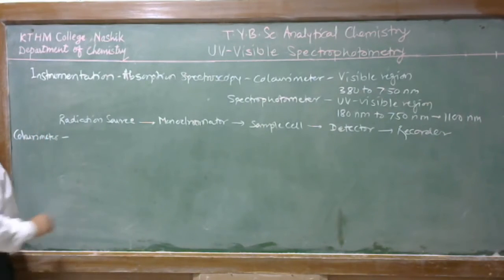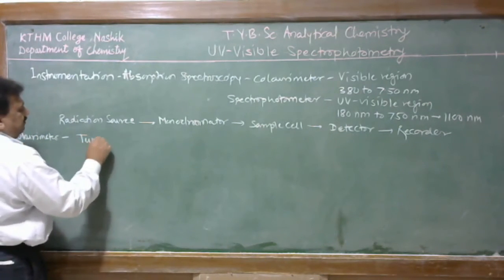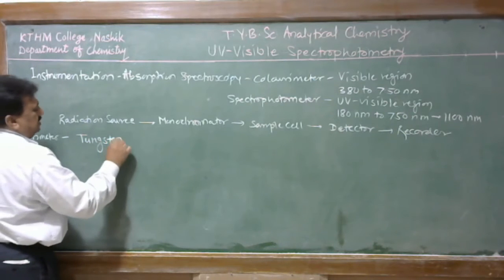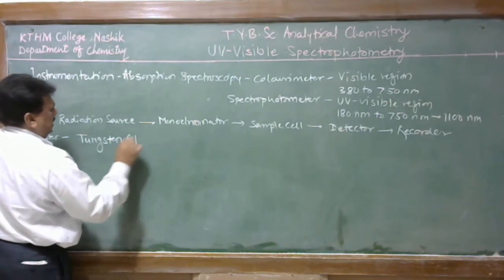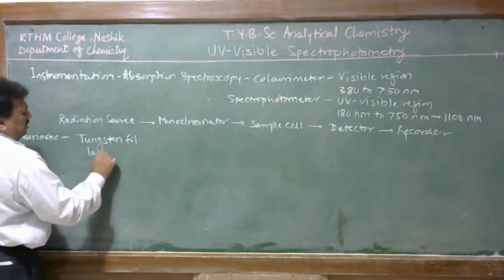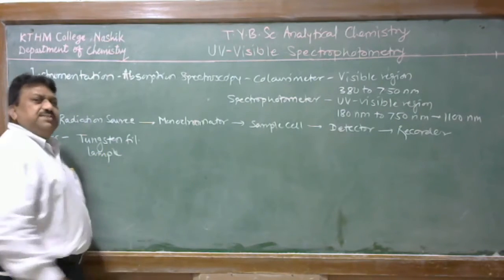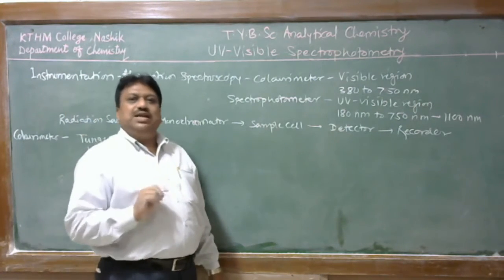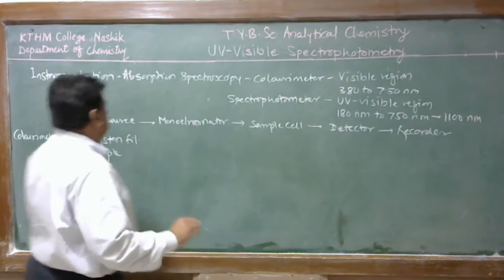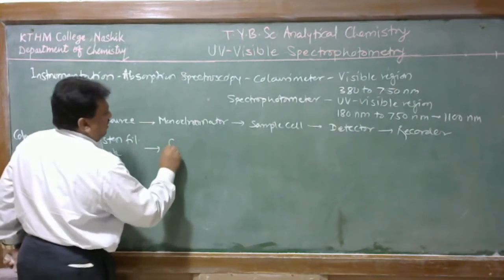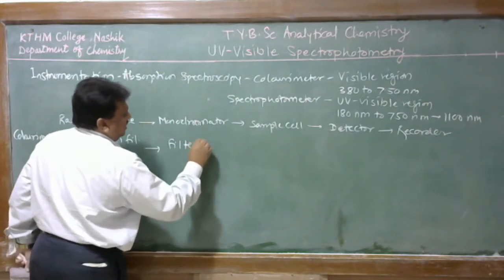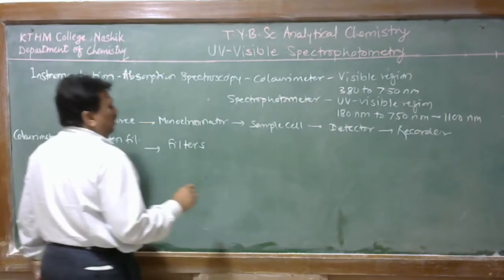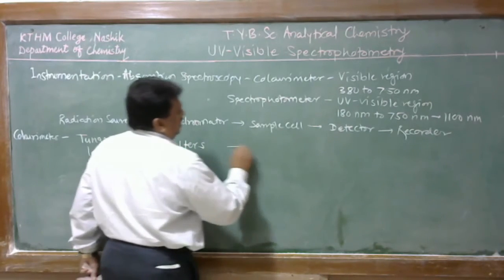For the colorimeter, the radiation source is a tungsten filament lamp, that is, a lamp similar to our household lamp. Then the monochromator may sometimes be filters, or in a few cases a prism may be used.